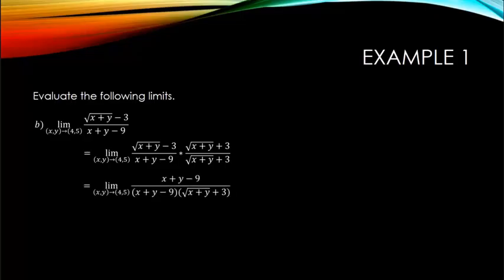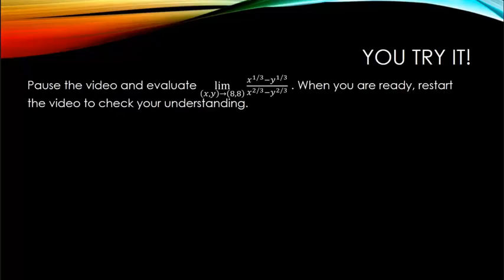I get the limit as xy approaches 4, 5 of the quantity x plus y minus 9 all divided by x plus y minus 9 times the quantity the square root of x plus y plus 3. Notice that the terms x plus y minus 9 cancel in top and bottom, again simplifying my limit. I get the limit as xy approaches 4, 5 of 1 over the quantity the square root of x plus y plus 3. Using direct substitution, my limit becomes 1 over the square root of 9 plus 3, which reduces to 1/6. So now you get to try it.